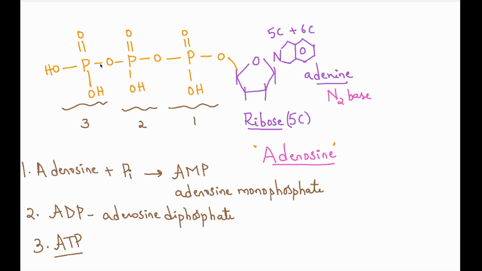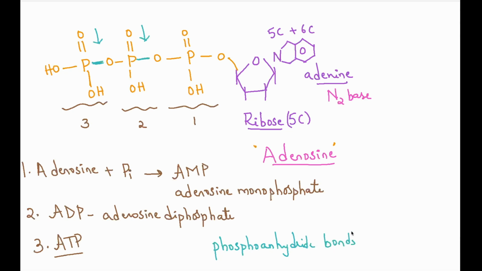Now these bonds that are here hold energy. These are the bonds in ATP molecule that hold energy, and when broken down, they will release a lot of energy. Okay. So these are known as phosphoanhydride bonds.